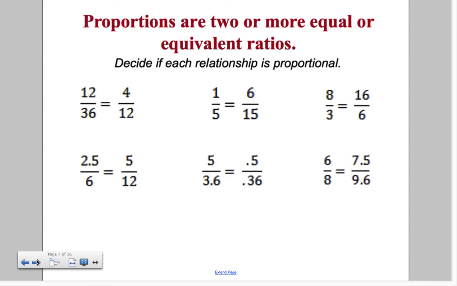If I give you any two random ratios, all you have to do is do cross products. What operation is a product? Multiplication. So what I want you to do is you take the numerator over here, denominator over here. What's 12 times 12? 144. And what's 36 times 4?